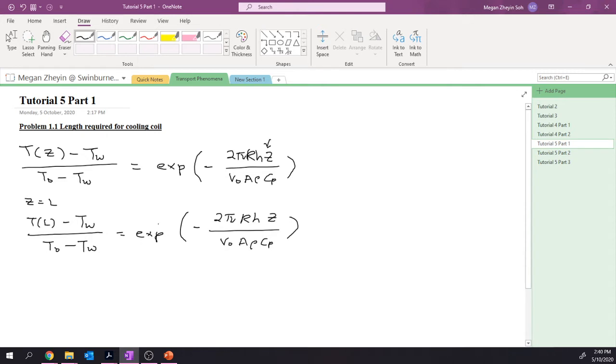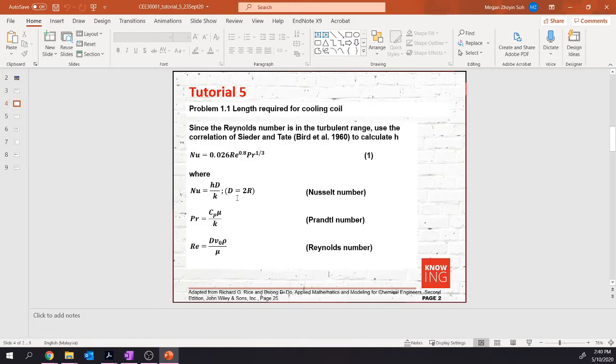Now because we have all the information here except for h, how can we calculate h? We can use the Nusselt number. We have this formula given, and we will use this to calculate h. But we need to know the Nusselt number first, so we can calculate the Nusselt number from here.